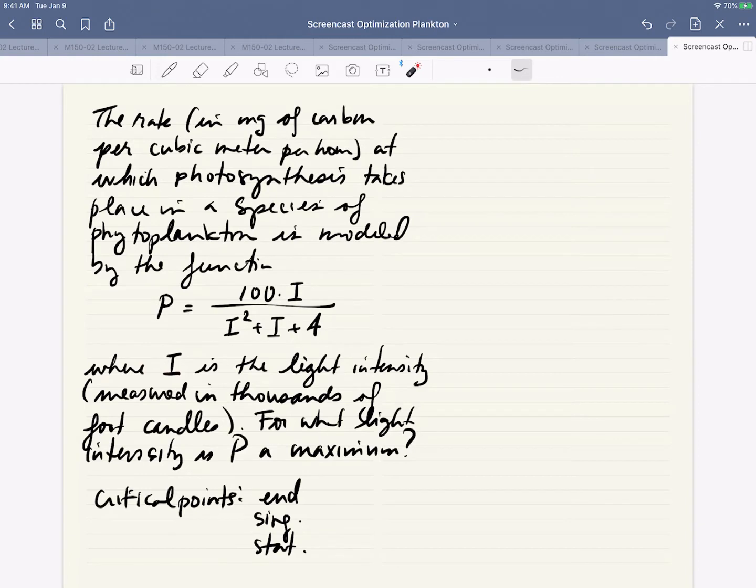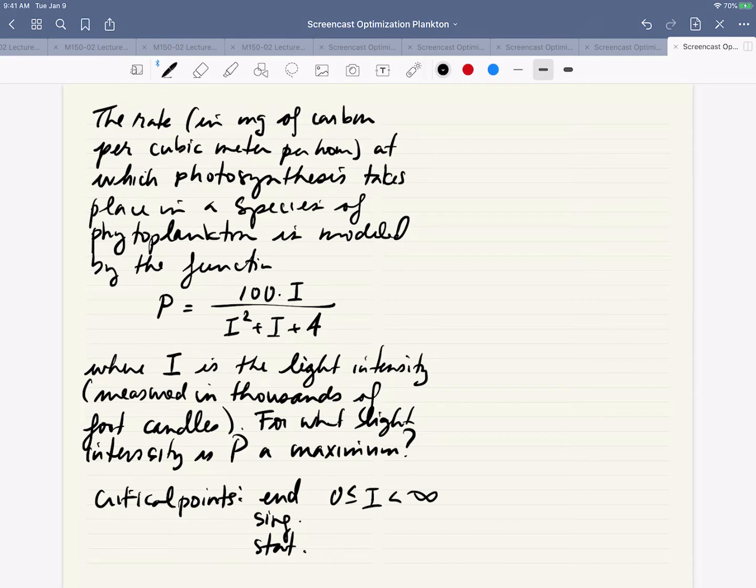So the tendency of a student would be to say, well, we don't have any endpoints because I could be anything. But remember, this is the real world. And so I is an intensity. It's a measurement. And it doesn't make sense to have a negative intensity. So our I could be as small as 0, but it could be as big as we want.